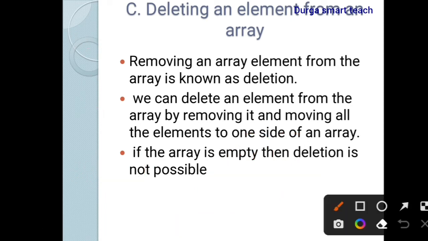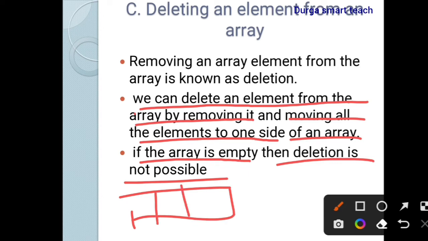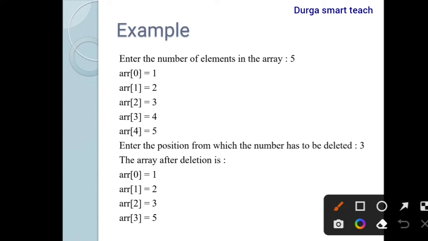We can delete an element from the array by removing it and moving all the elements to one side of the array. If the array is empty, so no elements are in the array, then the deletion process is impossible.